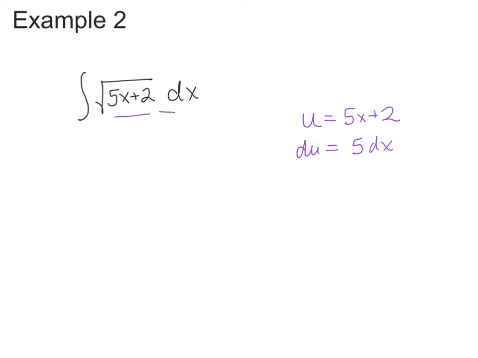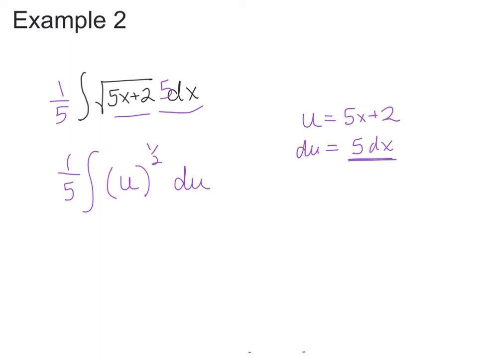Well, we're close here, right? We need to add a what? A 5. And if we add 5 here, we have to add a form of 1, so we're going to add 1/5 out here. Well, let's rewrite. 1/5 integral of u to the 1/2 du. Right? du is 5 dx. I'm good. This is du.